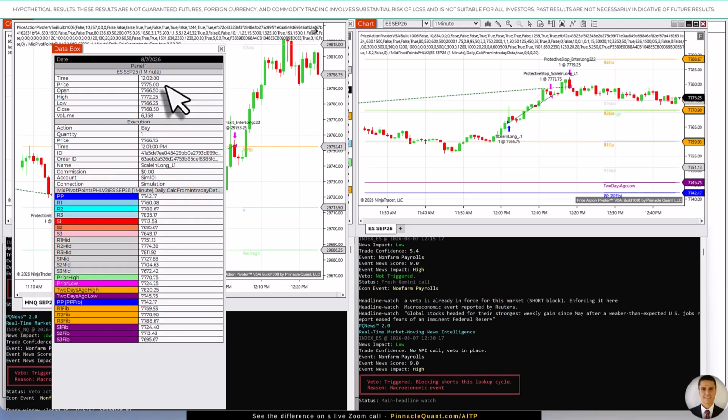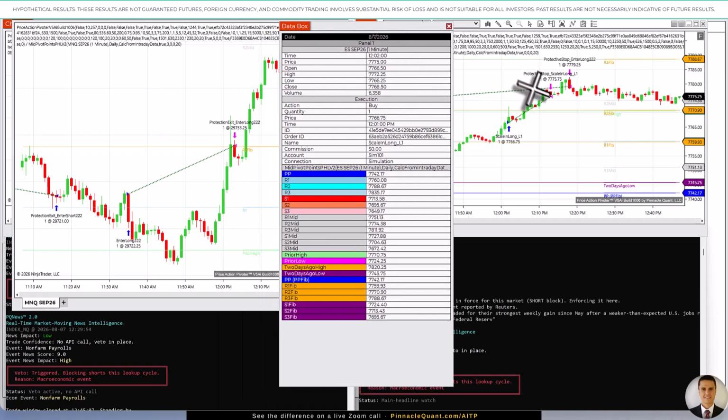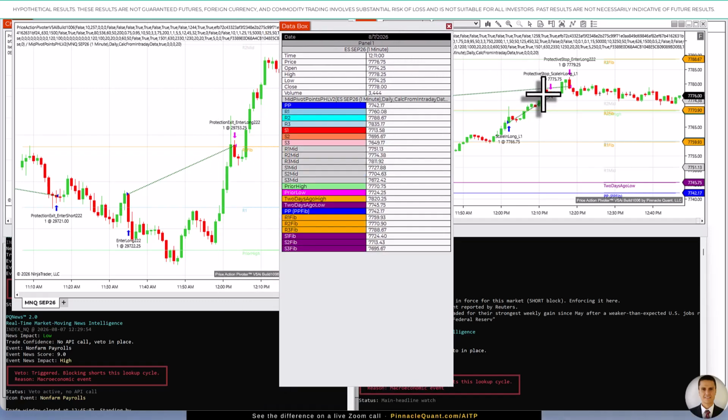Do you guys see the difference in the bar? Let's make it closer. Okay, that one. Look at the high, 7778.25. Look at the low, 7774.25. That's exactly 4 handles. That's $200, you guys.